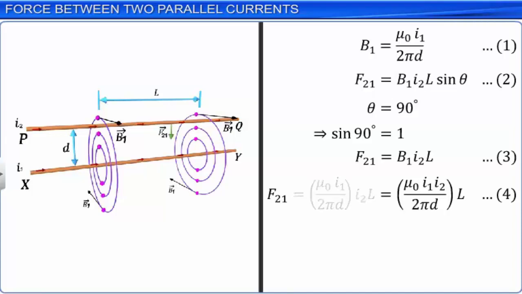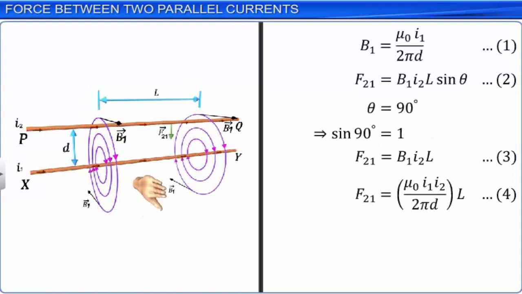The direction of the force experienced by conductor PQ due to the magnetic field produced by the conductor XY can be found using Fleming's left-hand rule. According to Fleming's left-hand rule, stretch the 3 fingers, thumb, forefinger, and central finger of your left hand mutually perpendicular to each other.